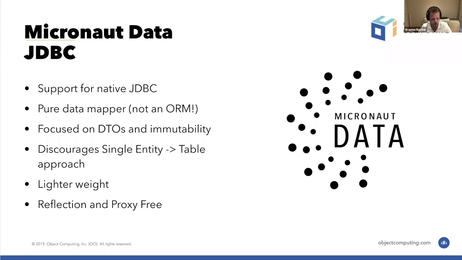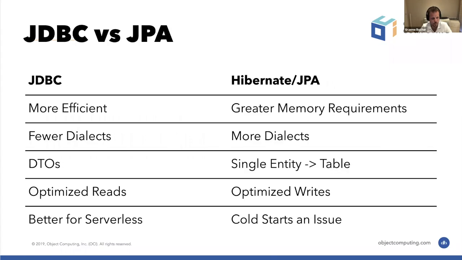Unlike Hibernate, Hibernate and JPA are very much designed around mapping a single entity to a single database table, whilst Micronaut Data JDBC actually encourages the opposite, which is to create focused data transfer objects for each query that you may want to map onto. It's lighter weight and it's completely reflection and proxy free, which has numerous benefits, which we'll talk about soon.